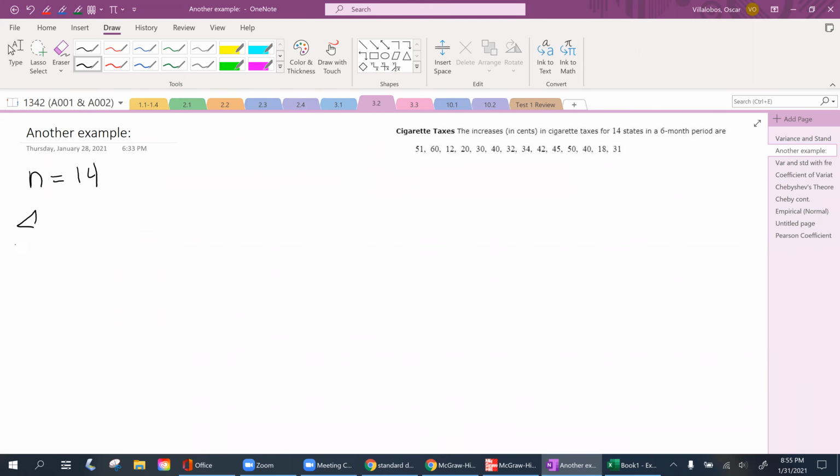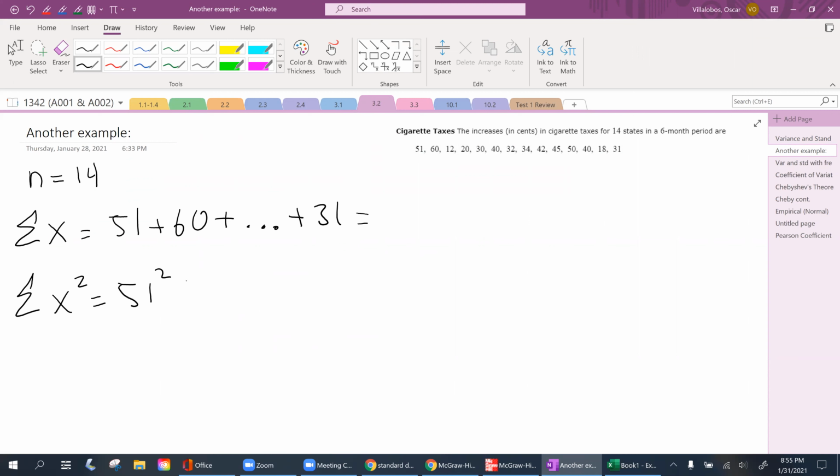My sum of my x values is going to be 51 plus 60 plus all the way to 31. And the sum of those values squared is going to be 51 squared plus 60 squared plus 31 squared.